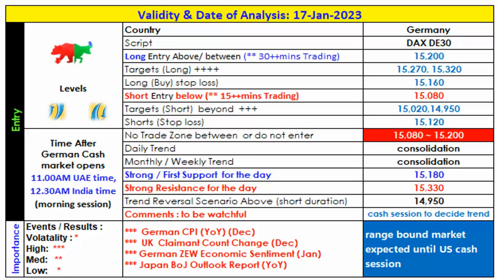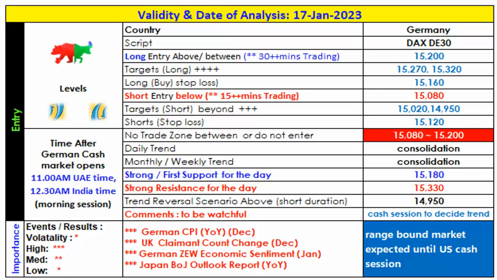In some markets, the same thing is expected with any news, either side, some movements can occur. Stop loss can be 15,160 for the long side, and short entries are recommended below 15,180. Targets can be 15,120 and 14,950, and 14,950 is going to be a very, very strong support. Short stop loss is 15,220, and no trade zone between 15,180 and 15,200.